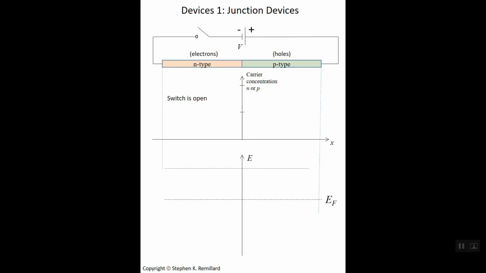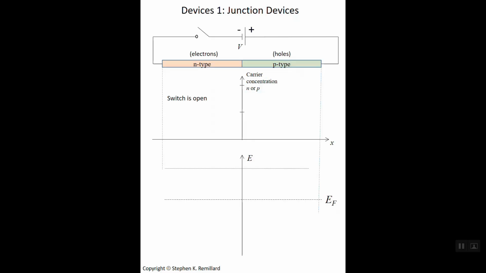We're going to look at how the carrier concentration, the number of carriers per cubic centimeter, varies going from the left to the right, where N is the electron concentration and P is the hole concentration. For now, let's have the switch open so we can answer the question of how the carriers are distributed throughout the semiconductor when there is no bias on it.